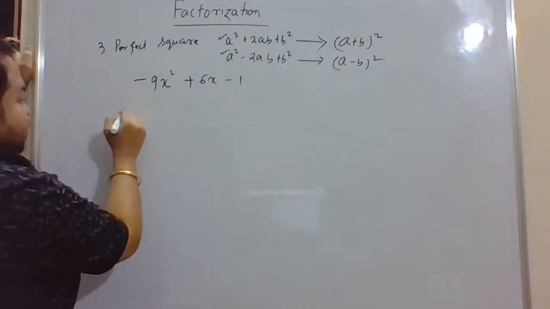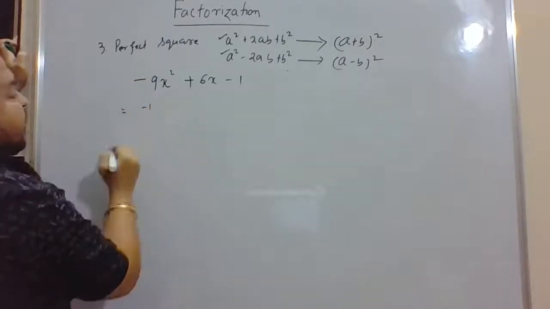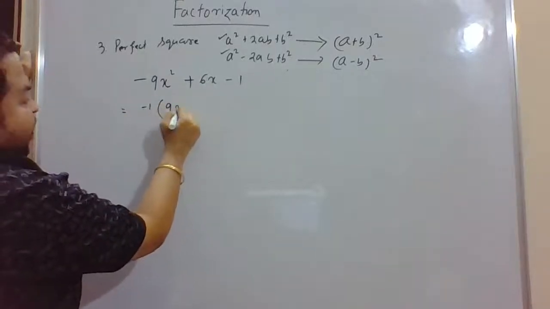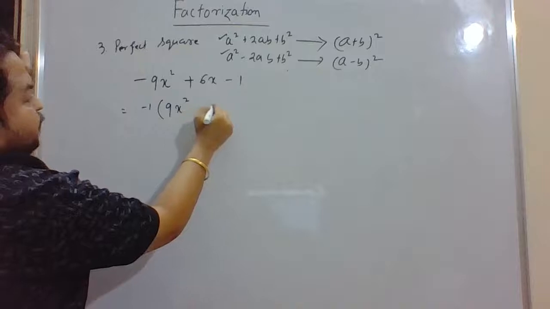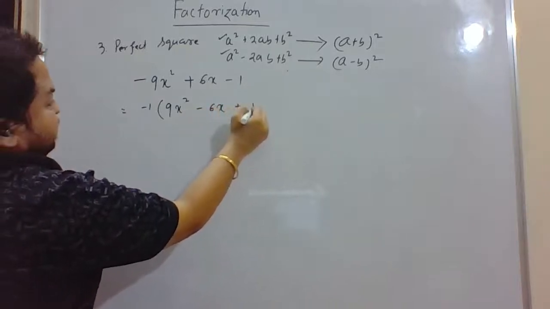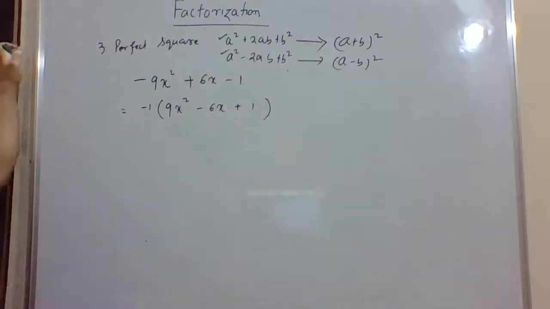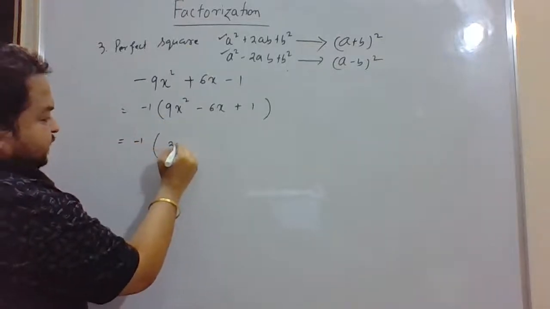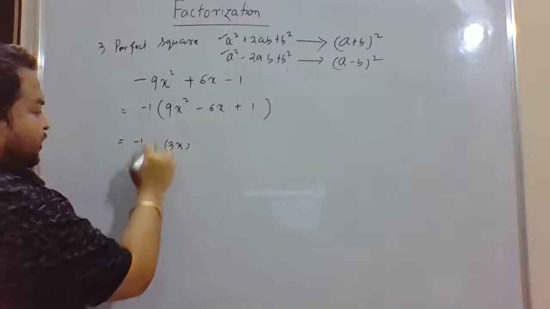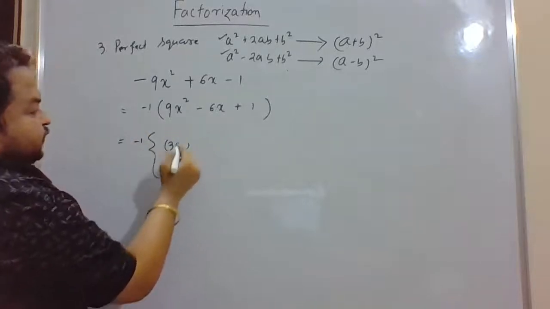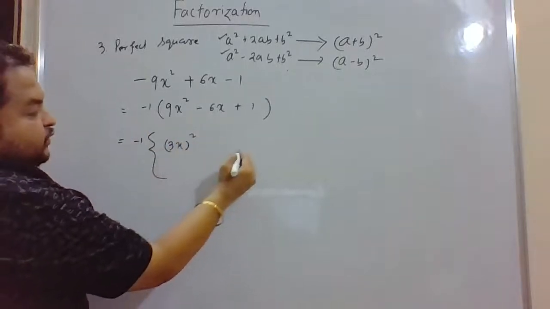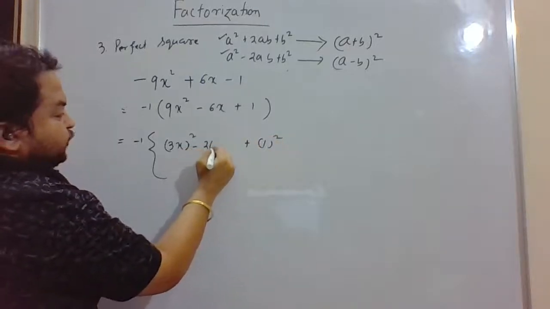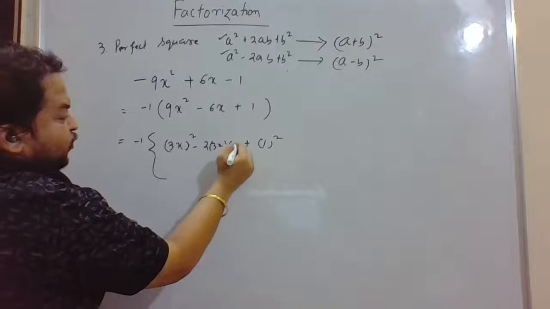So I'll write minus 1. If I take minus 1 as common, then it becomes 9x squared minus 6x plus 1. Now it becomes very simple. So minus 1 into, this one is 3x, so if I want to use a curly brace, 3x whole square plus 1 square minus 2 into 3x into 1.